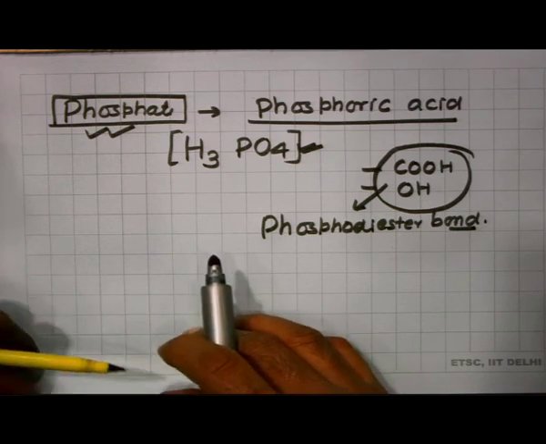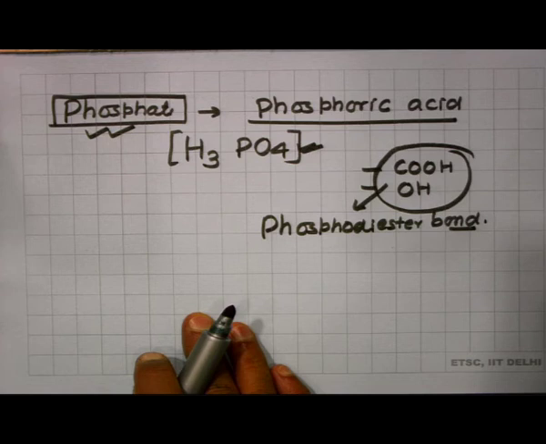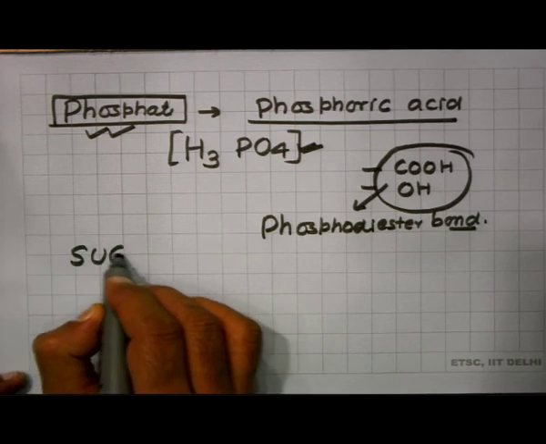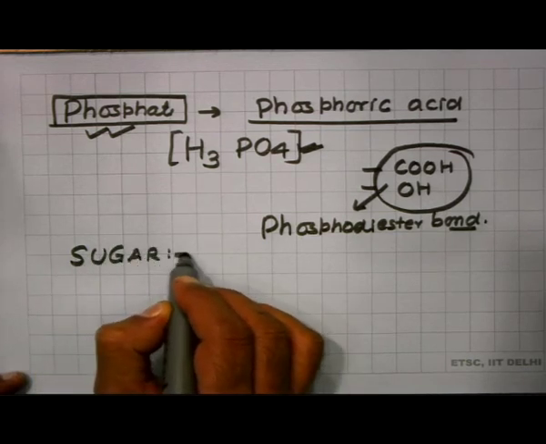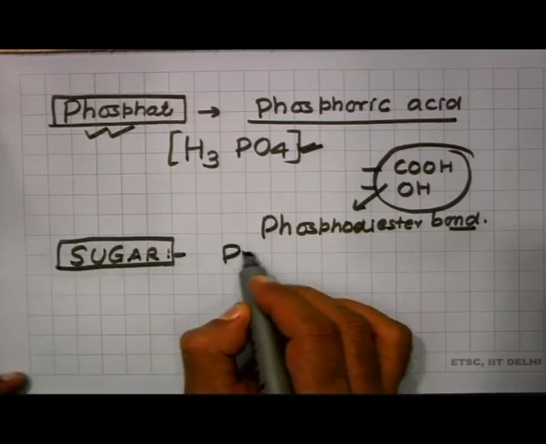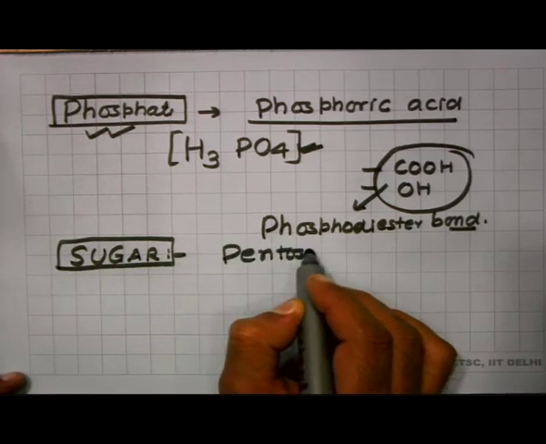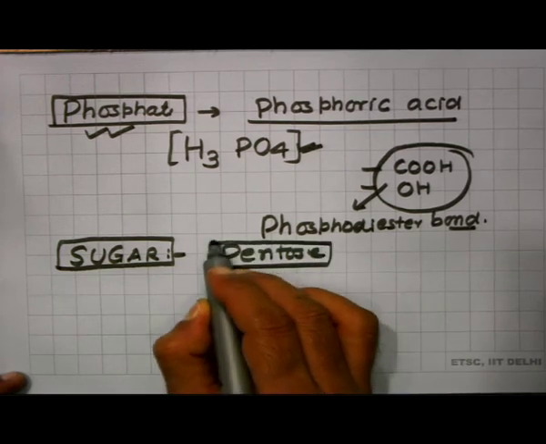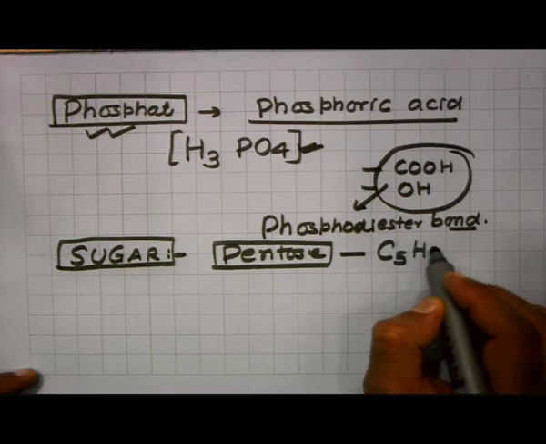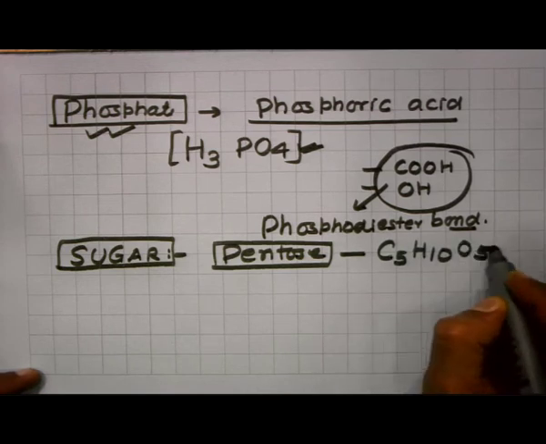Now, these are two things, the nitrogenous base and phosphate. The third thing is sugar. We have already seen the structure of sugar. Sugar is a pentose, that is C5H10O5.